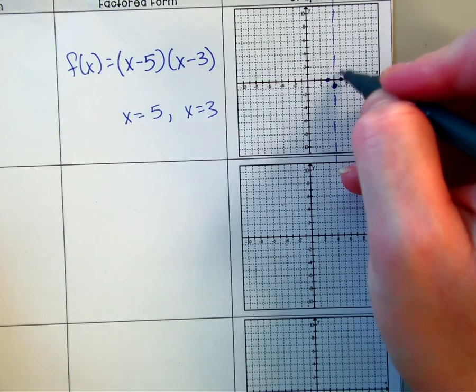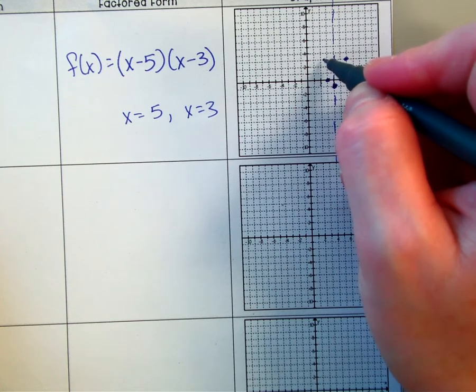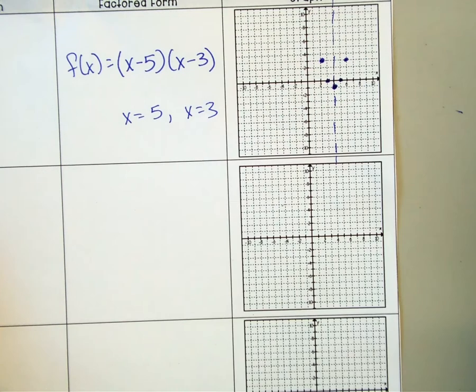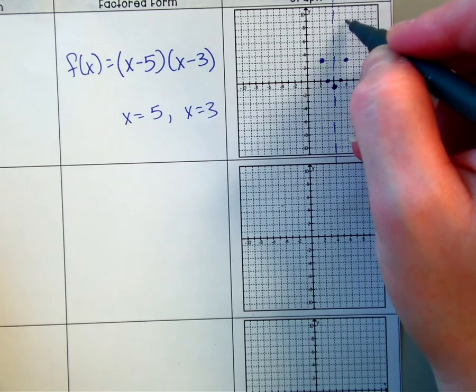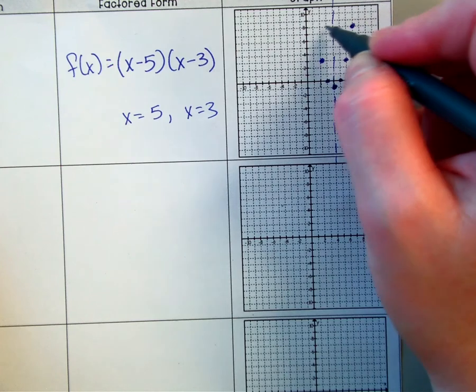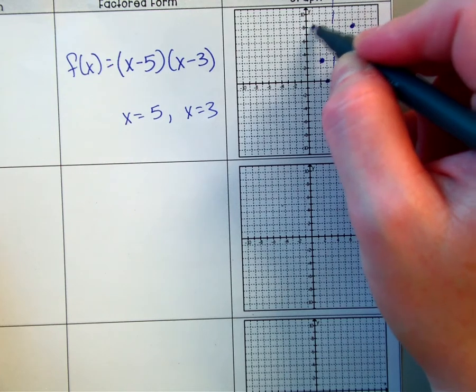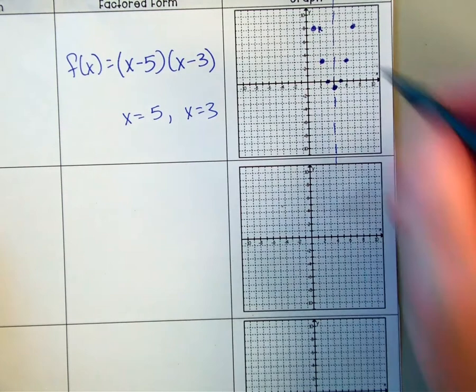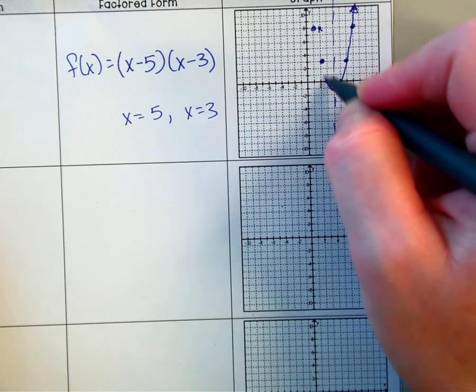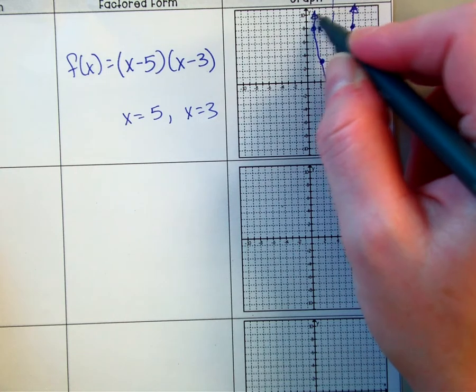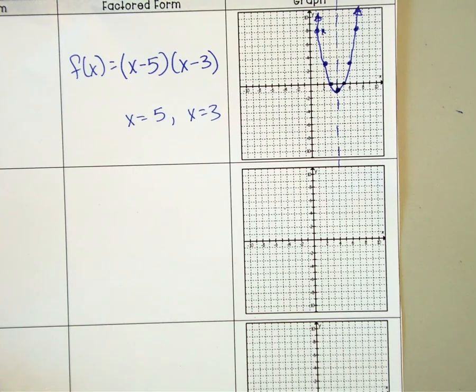So now I go up 3 over 1. And then I reflect that over on the other side, and then up 5 over 1. Reflect that on the other side. There we go. So there's my graph.